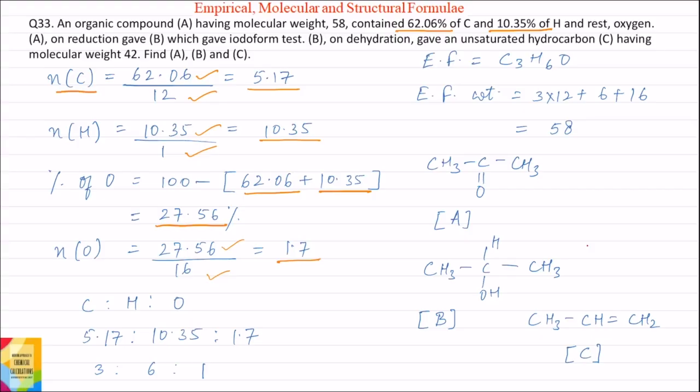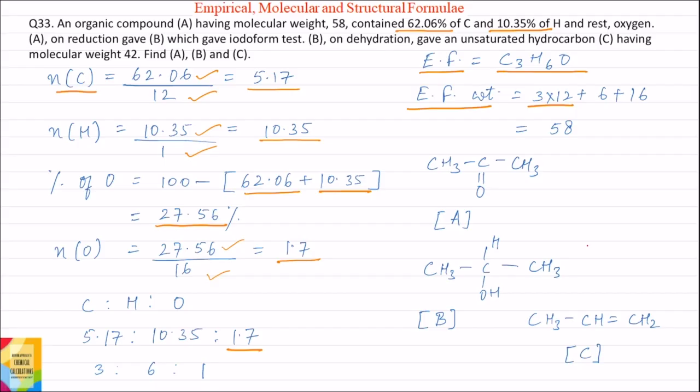Now the ratio of the moles of carbon, hydrogen and oxygen is 5.17 is to 10.35 is to 1.7. Now dividing all these by 1.7, the moles of carbon, hydrogen and oxygen is in the ratio 3 is to 6 is to 1. So the empirical formula will be C3H6O, and empirical formula weight will be, there are 3 carbons and atomic weight of carbon is 12. So 3 into 12 plus there are 6 hydrogens and atomic weight of hydrogen is 1.